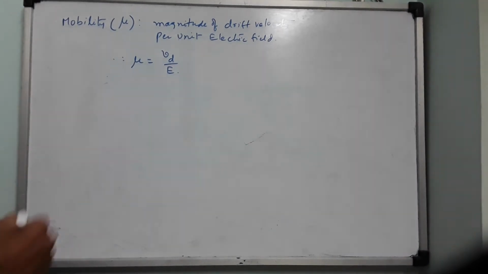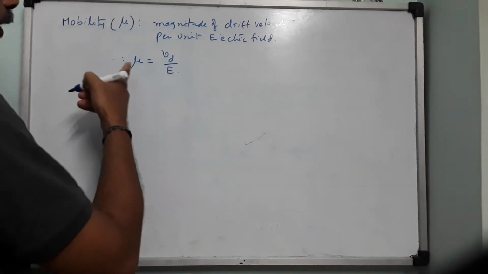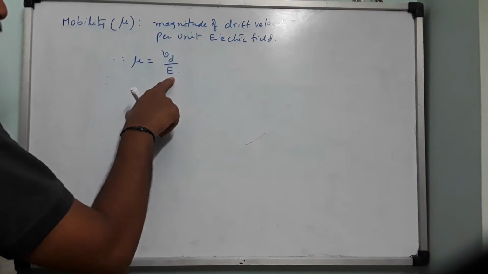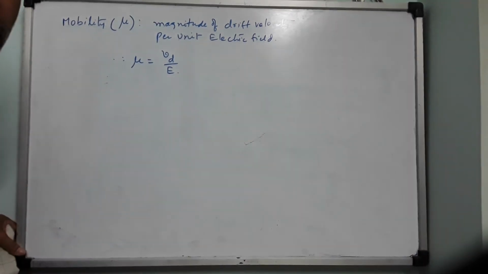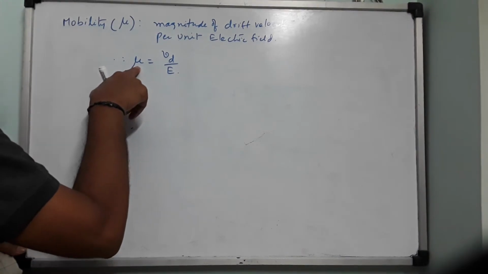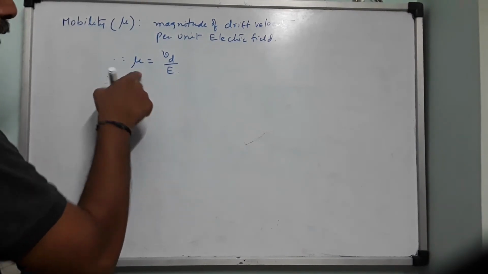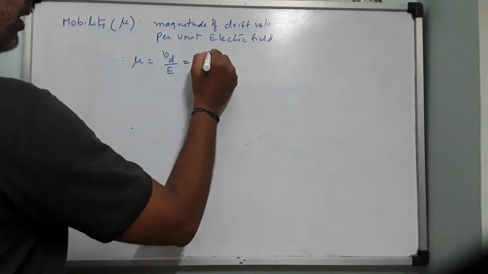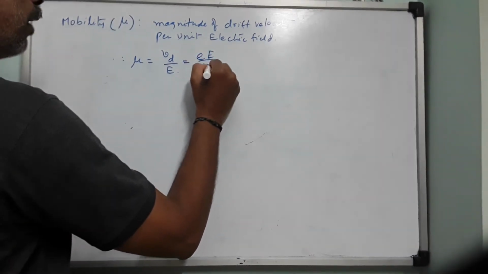Fine. And we may come to an impression that if you increase the electric field by increasing the battery potential, the mobility of free electrons will decrease. But if you substitute the value, Vd is nothing but eE by m into tau.